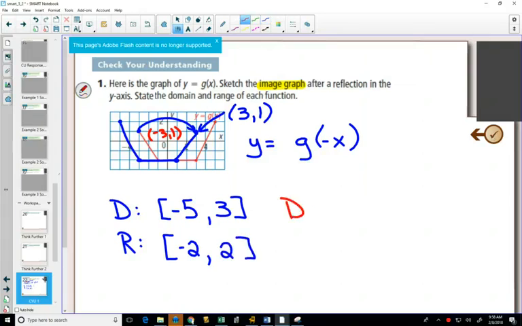On our original graph in red, this is where the color coding is nice. The domain of our original graph went from -3 to +5, and our range of our original graph still went from -2 to 2.